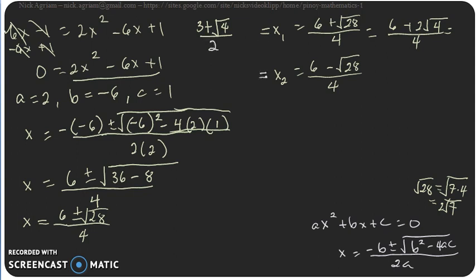And if we do the same, 6 minus 2 square root of 7 divided by 4, then I have 3 minus square root of 7 divided by 2. That's my solution. We'll do some more.